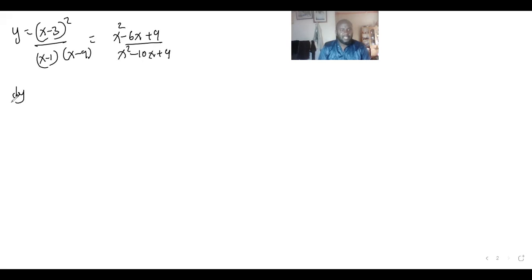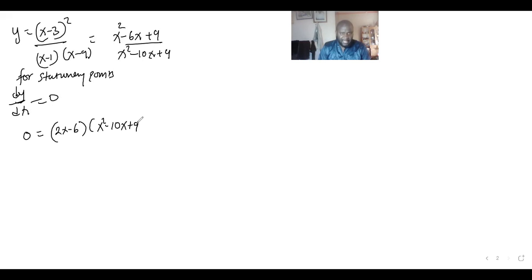So for turning points, or stationary points, dy/dx has to be 0. So 0 would be equal to (2x minus 6)(x squared minus 10x plus 9) minus (2x minus 10)(x squared minus 6x plus 9). I had not done such a number. The others never had turning points, the first numbers I did.